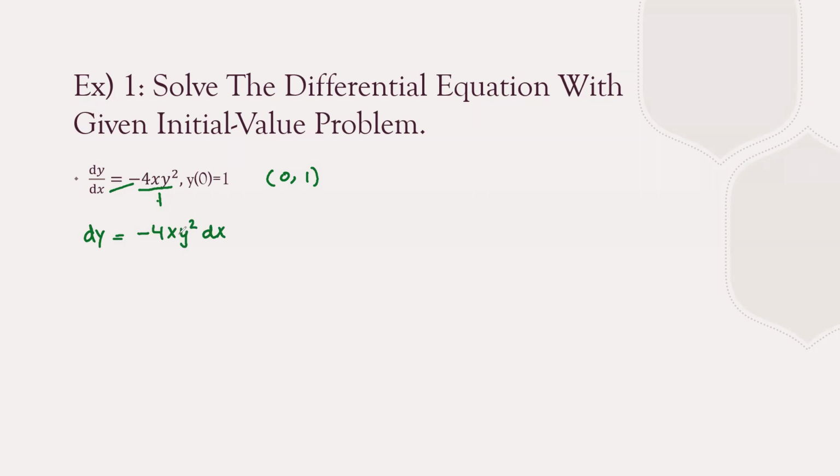It's still not all the terms of x and y on one side. What I have to do is get rid of this y squared and move it to the other side, and then that will give us all the x's on one side and all the y's on the other. So let's get rid of this y squared by dividing both sides by y squared.